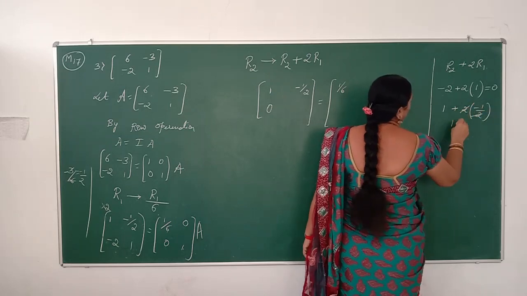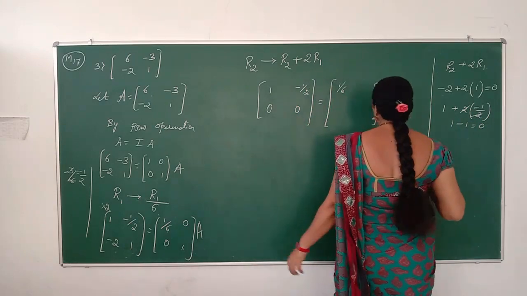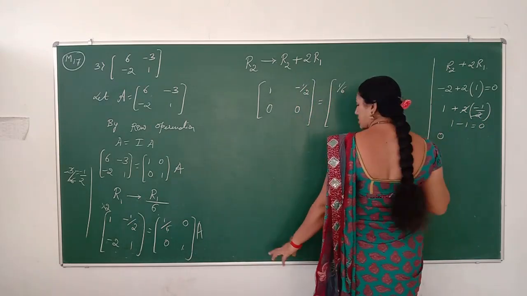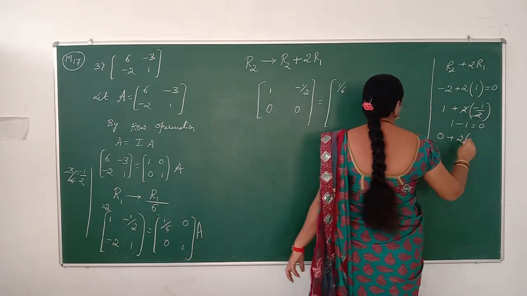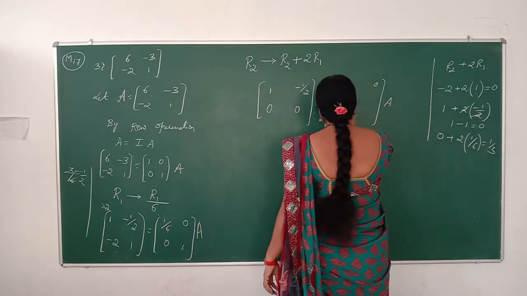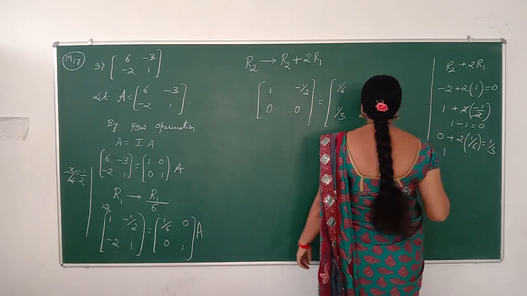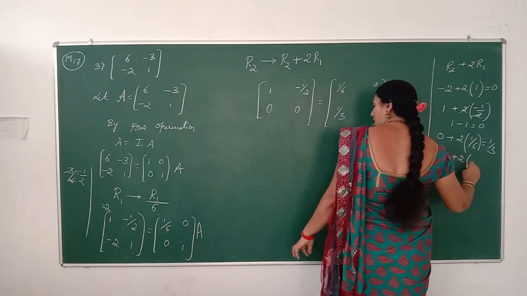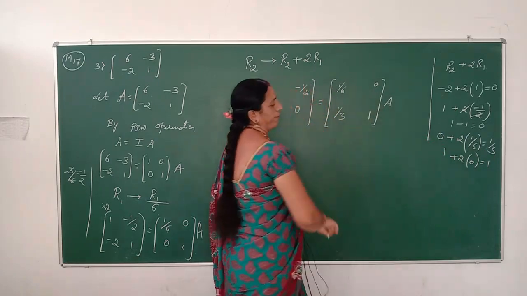These two cancel, so 1 minus 1 is again 0. On the right hand side, R2 is 0 plus 2 times R1, which is 1 by 6, that is 1 by 3. The last element of R2 is 1 plus 2 times R1, which is 0, so that equals 1.